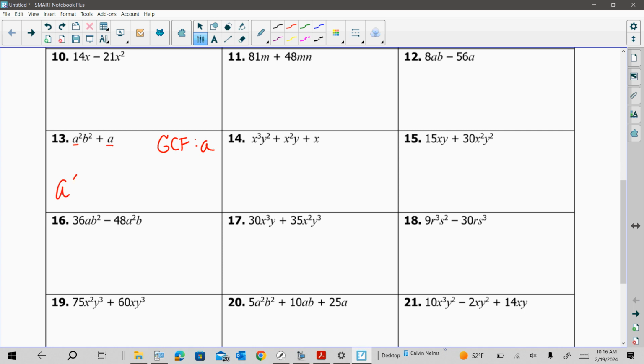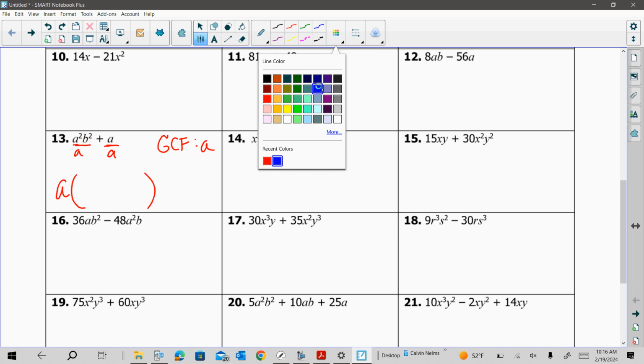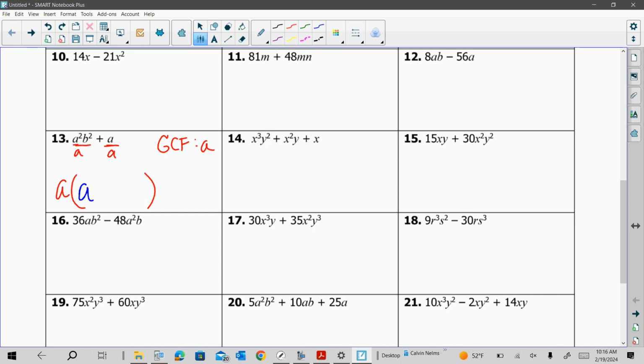That variable will go in front of the parentheses, and we're going to divide each term by that variable a. So a squared b squared divided by a. We're just going to subtract the exponents on the a. That's going to leave me with 1a, but still b squared.